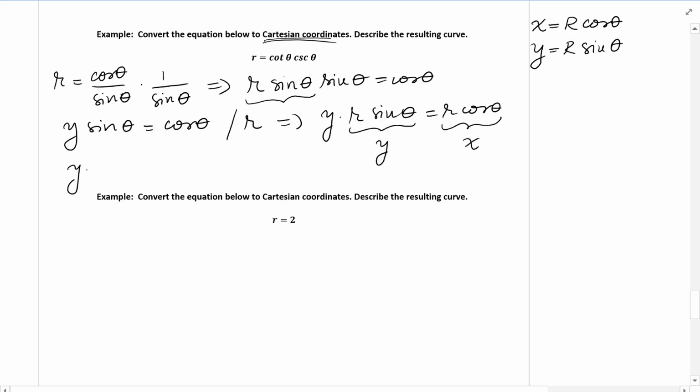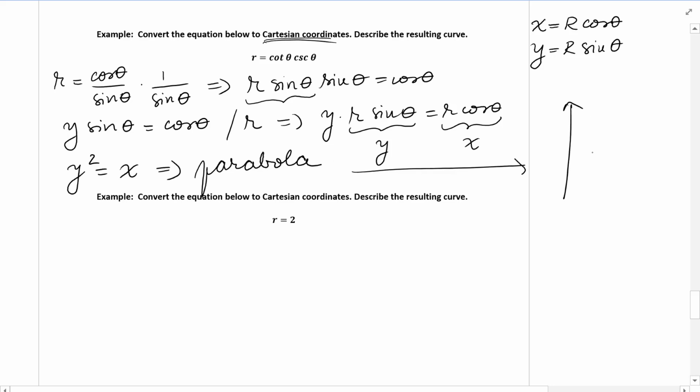So we end up with y squared equals x, which actually is a parabola. It's a parabola with vertex at the origin, so this would be the graph of the parabola y squared equals x.